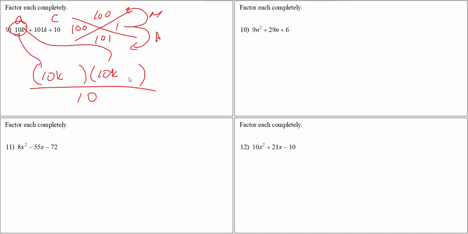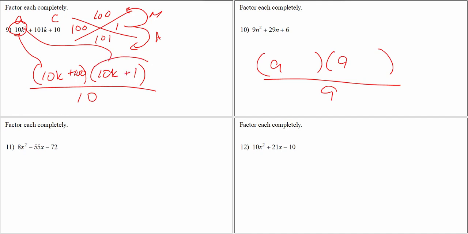Okay, so this is how it starts. 10, 10, 10. Do this for everything. So this one would be 9, 9, 9. Then I put the numbers in. Plus 100, plus 1. Can I divide this by anything? No. So we know that's going to be in my answer.